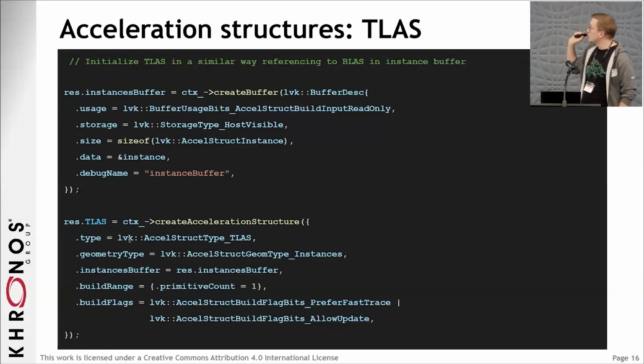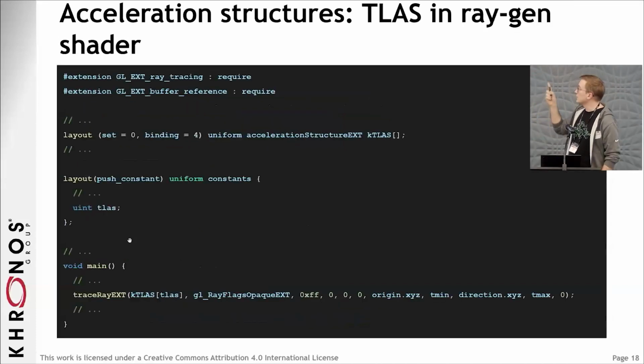Now, how we use the top-level acceleration structure: the same way, again, handle, create buffer, really similar to BLAS. But there is a thing that makes TLAS different from BLAS. We should refer to TLAS from shaders. If you remember one of the first slides, when we use textures and samplers in shaders, we use TLAS the same way.